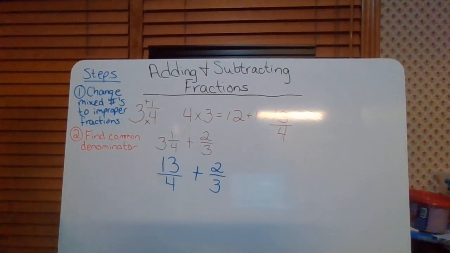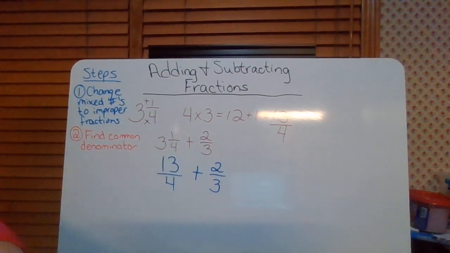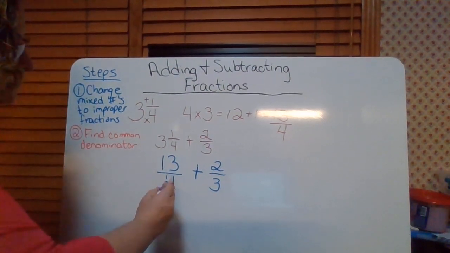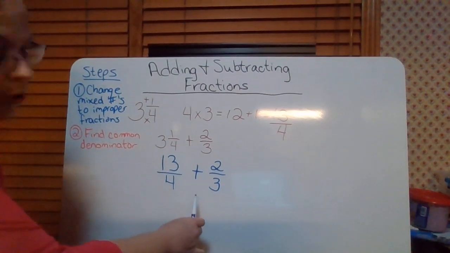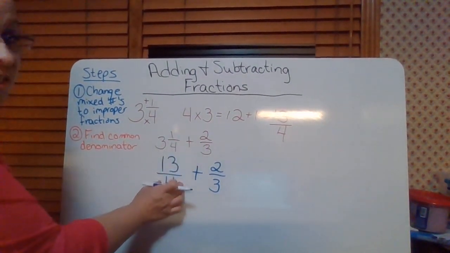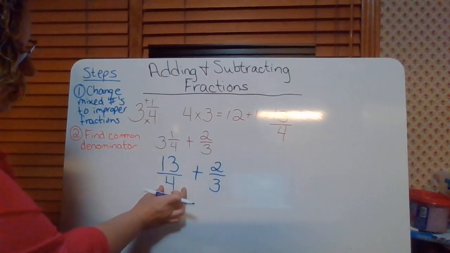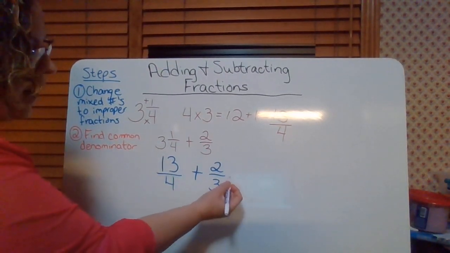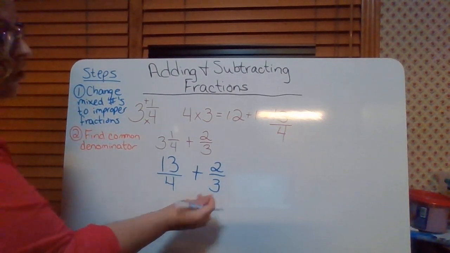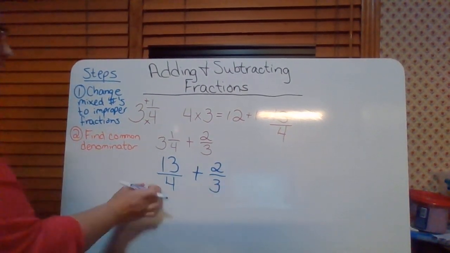Now, to do that, you're going to look at your denominators. So look here. What you're going to do is take this denominator, which is a 4, and multiply the top and the bottom of this fraction by that denominator. Then you're going to do the same thing with this denominator over here.